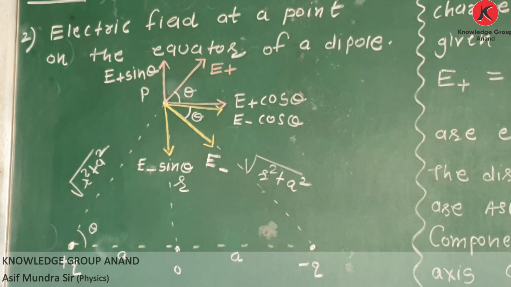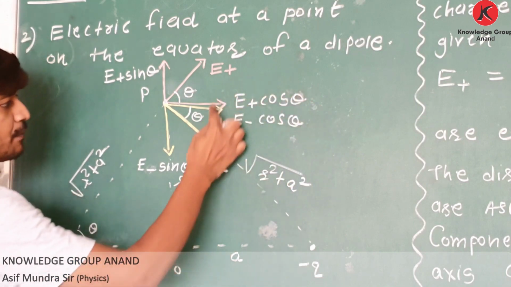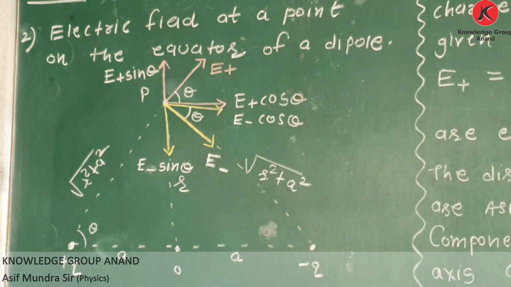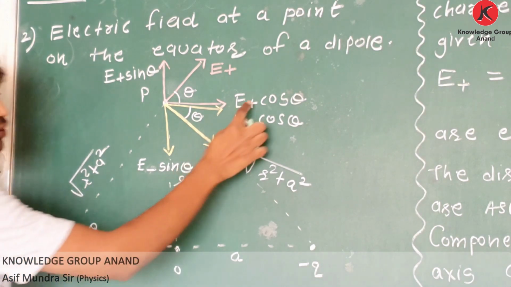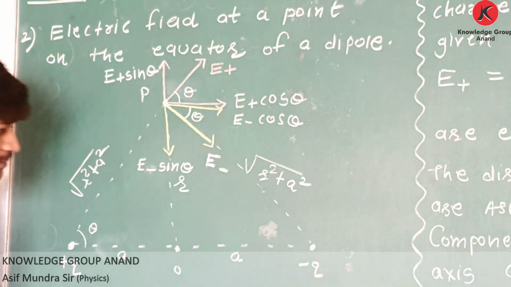Clear? So at point P, the resultant electric field is only due to components parallel to axis.